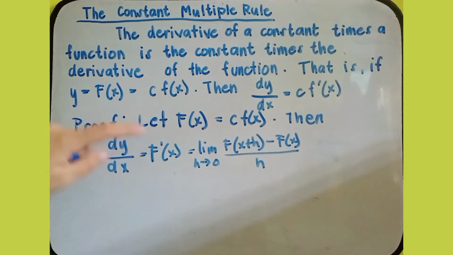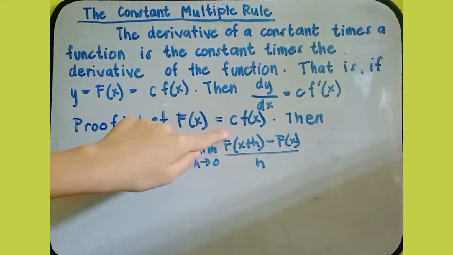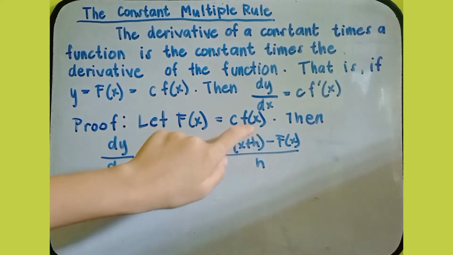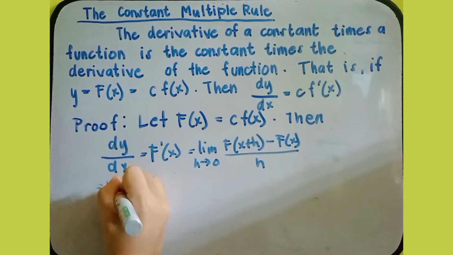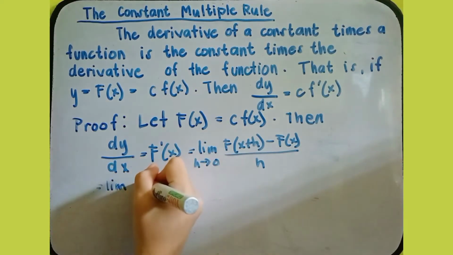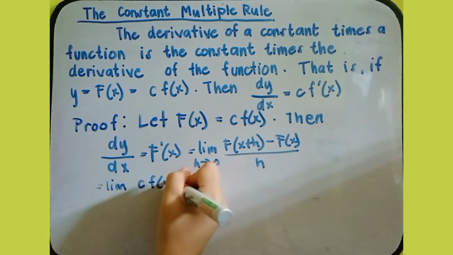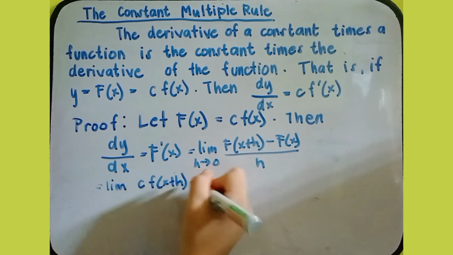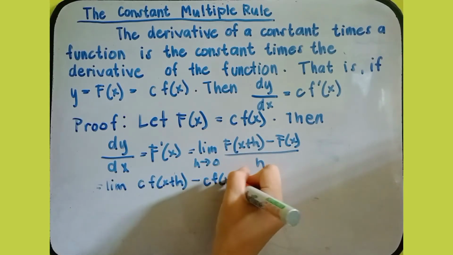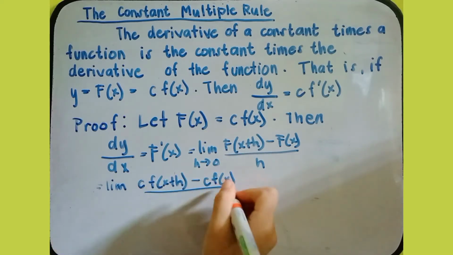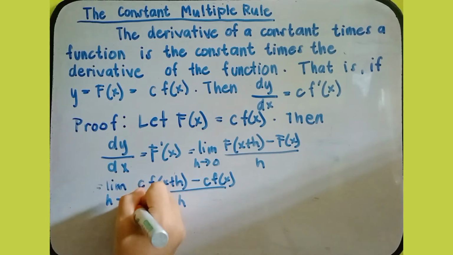Since we let our function equal the constant times f of x, we now have the limit of the constant times f of x plus h minus the constant times f of x over h, where our h approaches 0.